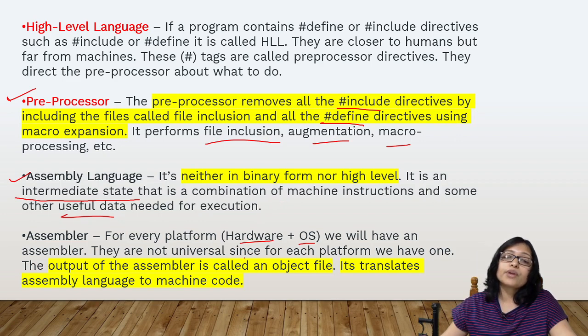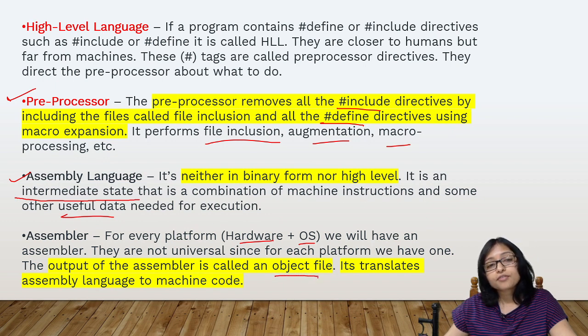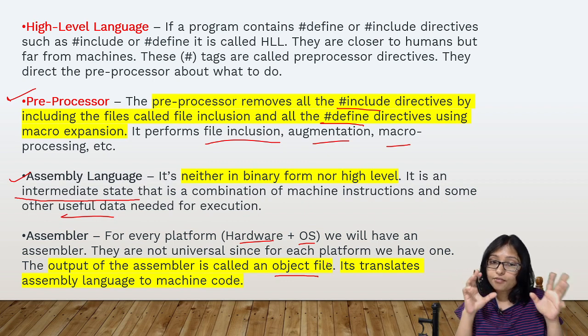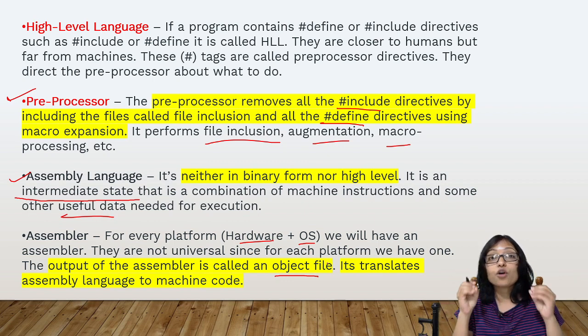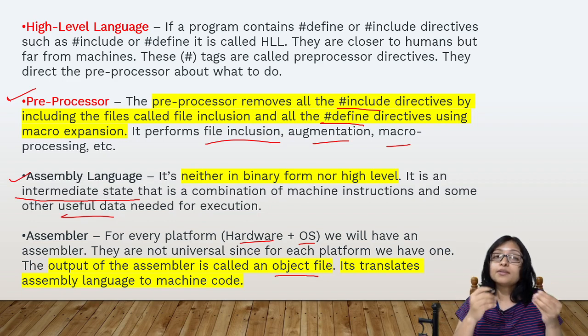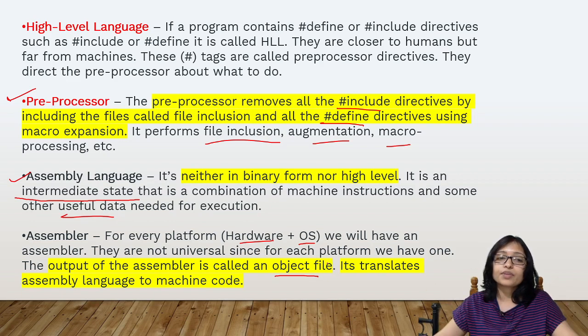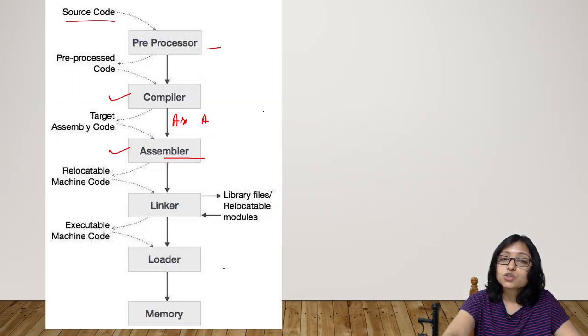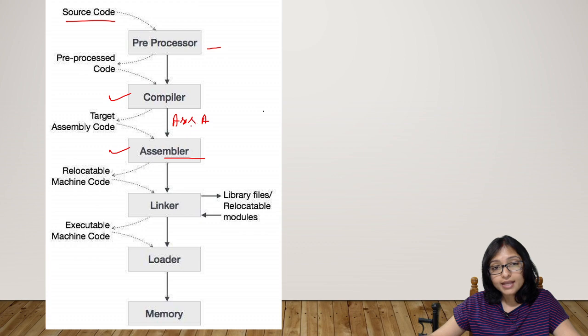The output of the assembler is called an object file. It is combining everything and after that giving the output as an object file. So it is the object file provided by the assembler. It translates the assembly language to machine language. So here we got the assembly language and after that we got machine language.